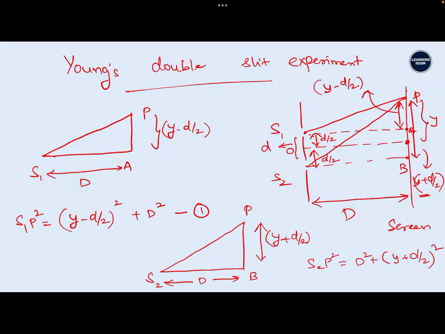So now I will try to find out S2P minus S1P, because if I observe, the ray from S2 has traveled a longer distance compared to the ray from S1.